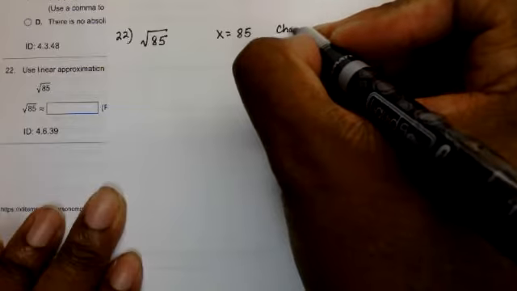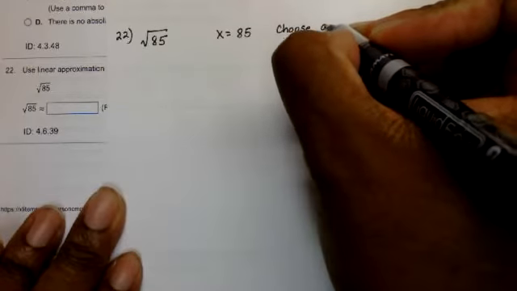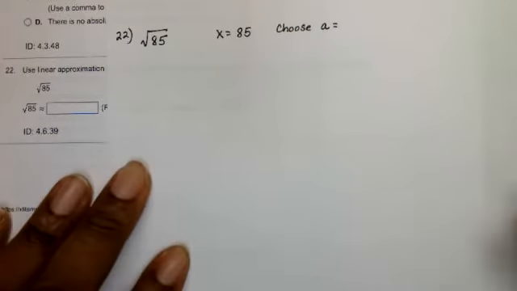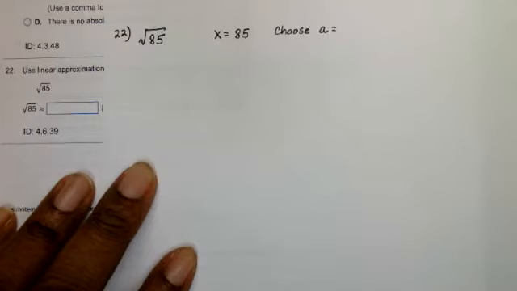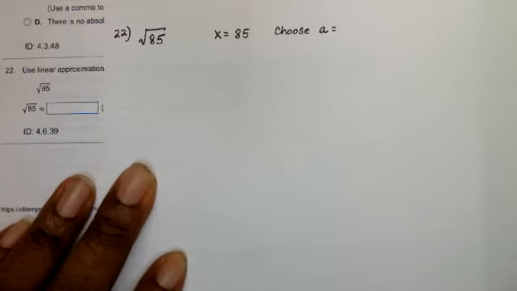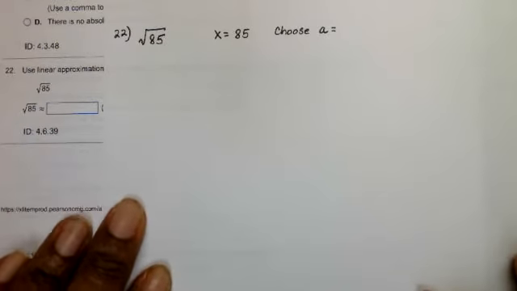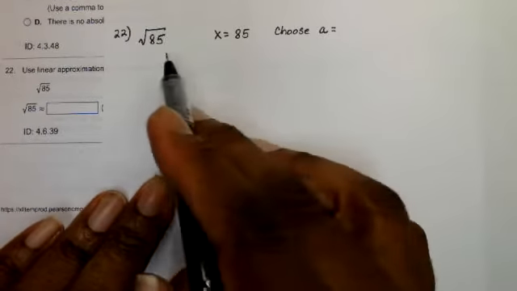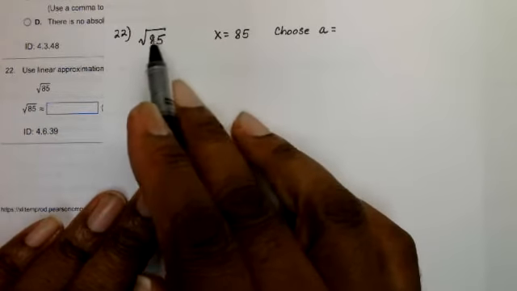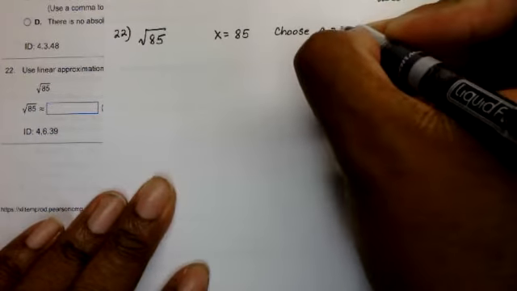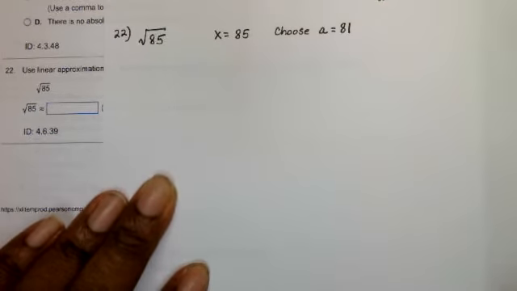So we need to choose some value of a that is a perfect square that's closest to 85. The perfect square close to 85 would have to be 81, because I know 81 is a perfect square.